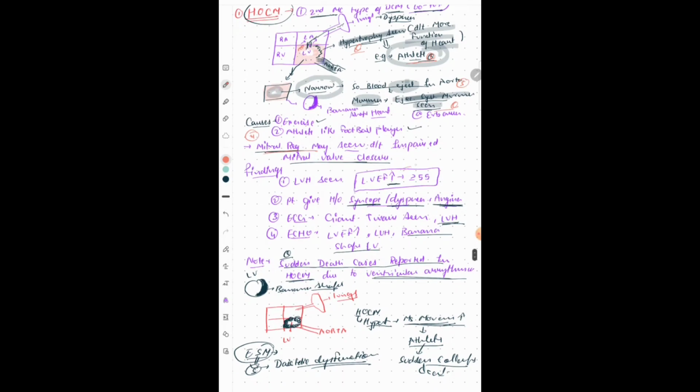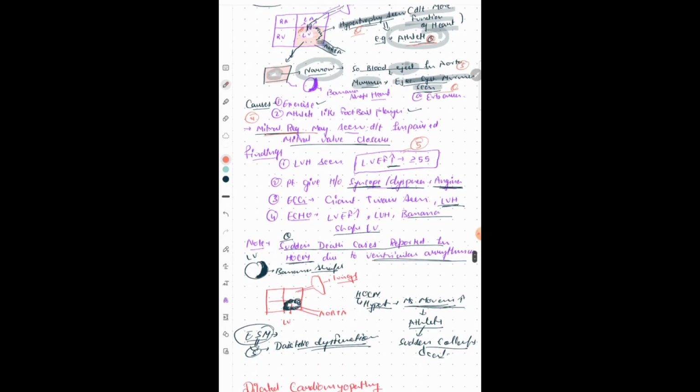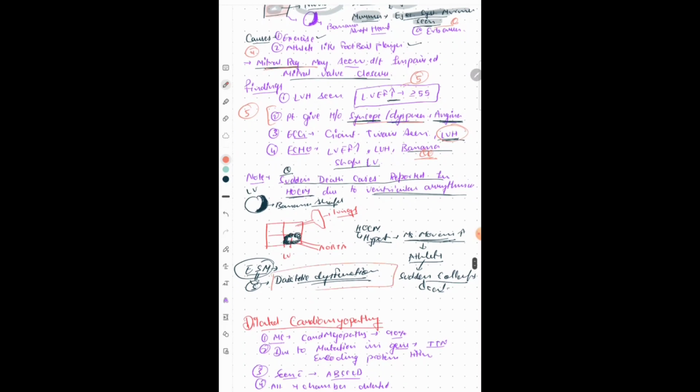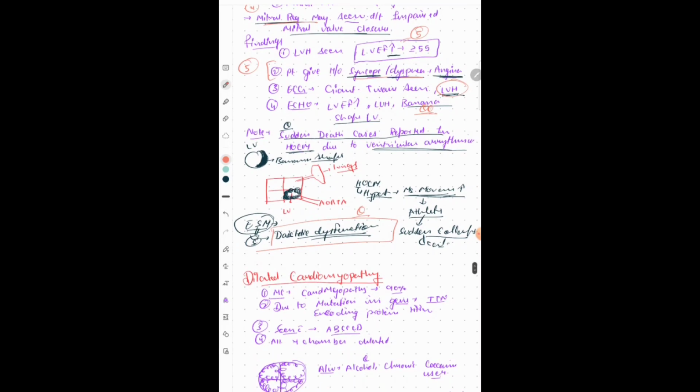LVH is the fifth question, and the history of the patient is also a question, like syncope and dyspnea. The banana shape LVH is the most important question here, and ejection systolic movement leads to diastolic dysfunction. These are some important questions here.